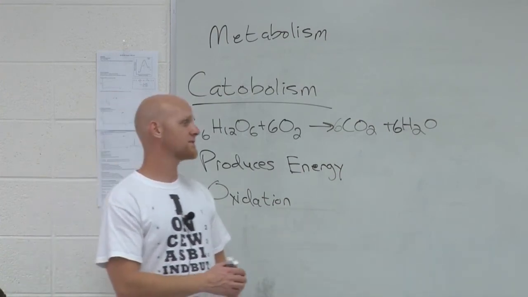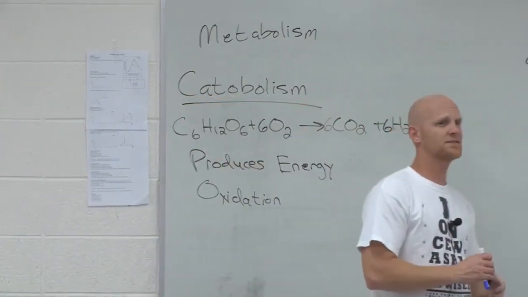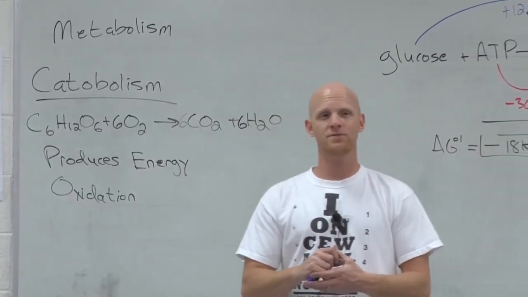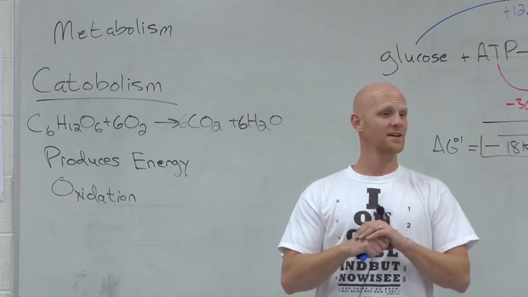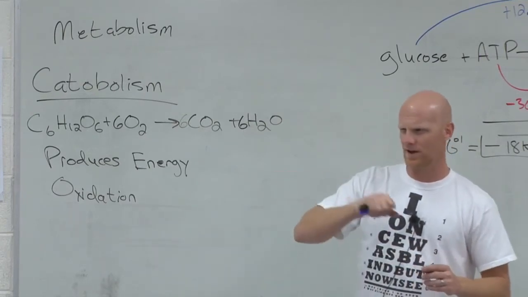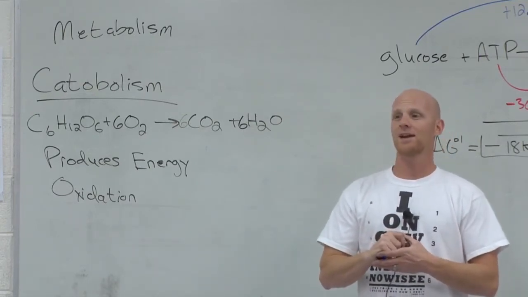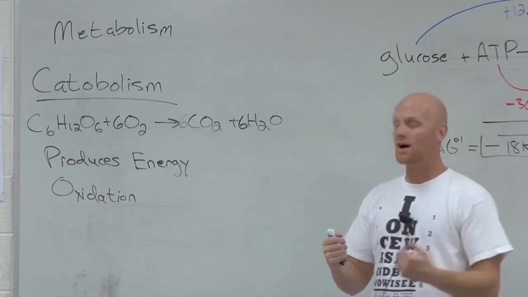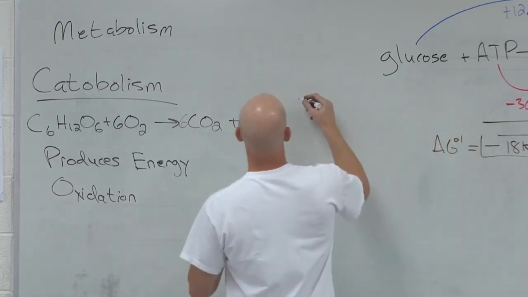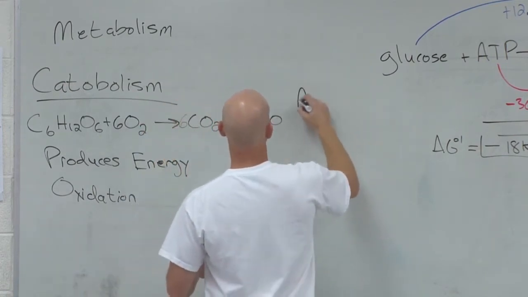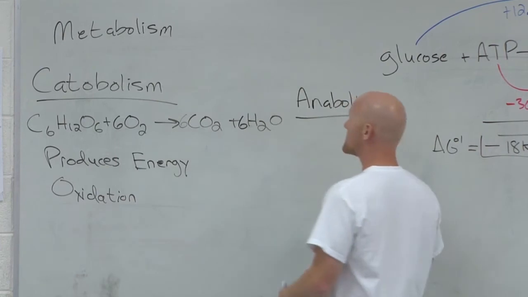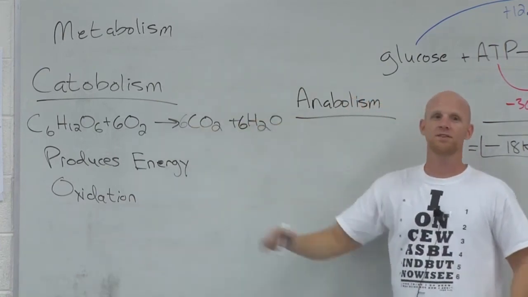Cool, we can look at the other side of things. So if I decided that I wanted to be in a grumpy mood and have big muscles and a very high-pitched voice, what might I start taking? Steroids, and what's the word we often hear right before steroids? Anabolic steroids. Sweet, anabolism is not breaking down, it's building up biomolecules. And so for anabolism, these are typically the exact opposite of catabolism.